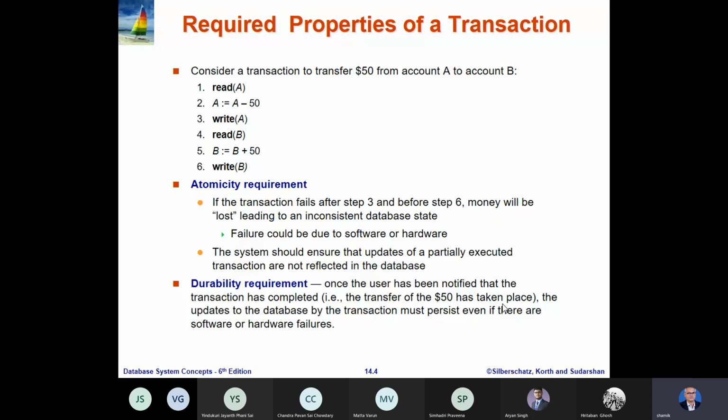Suppose A's account holder is transferring 50 from his or her own account, A, to somebody else's account, B. After the transfer takes place, with all 6 instructions completed, of course this account holder will get a message that $50 was successfully transferred to B. Once that is done, the durability property requires that if the system crashes, and we'll talk about what is meant by a system crash, it should not be the case that the history of those $50 is lost, or that the user will have to again carry out that same transaction. So that is what is meant by durability.